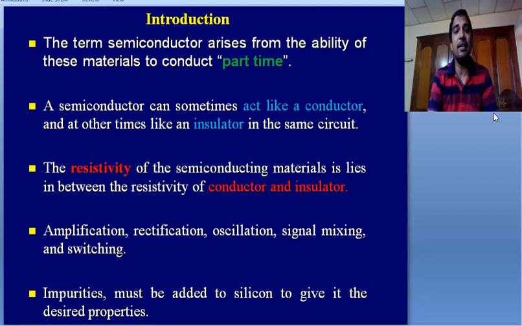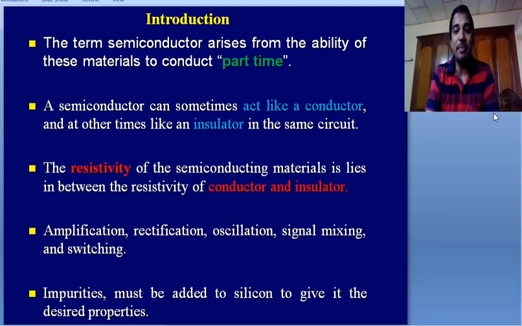That's why we use semiconductors. The term semiconductor arises from the ability of these materials to conduct part-time whenever we require it. A semiconductor can sometimes act like a conductor or an insulator in the same circuit. See the beauty.